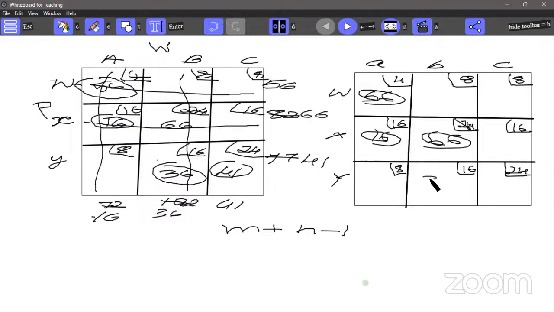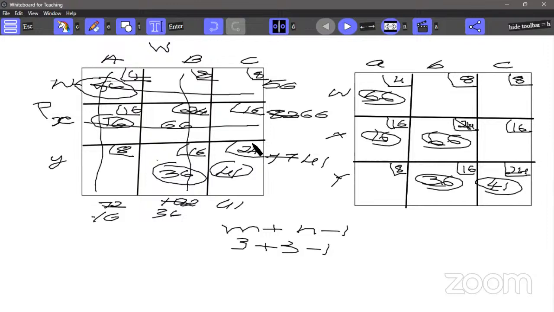How many rows are there? 3 rows. How many columns? 3 columns. So 3 plus 3 minus 1. How many stones should we have? 5.